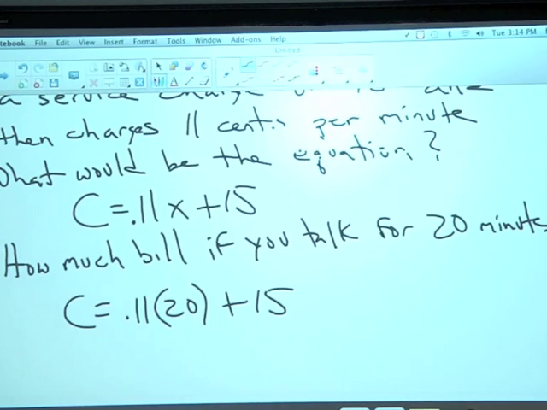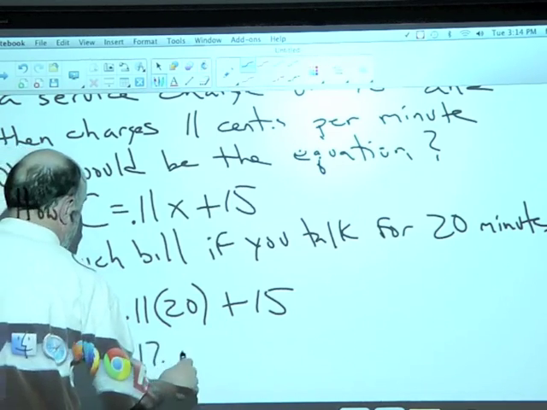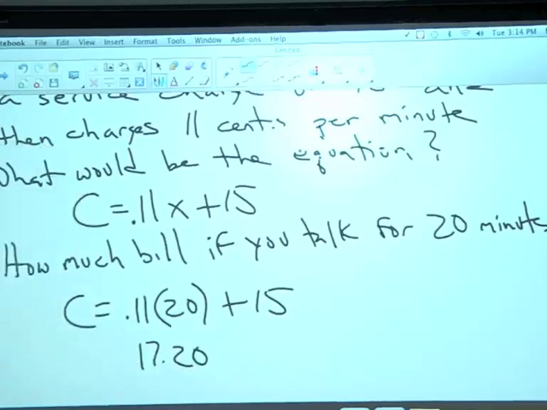Okay. So something like that. So word problems: you come up with the equation that goes along with the situation, and then once you have the equation, you can then plug in the number and get the value.